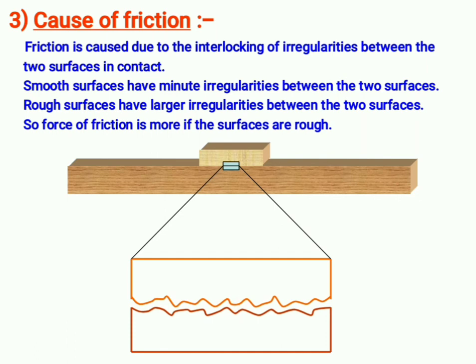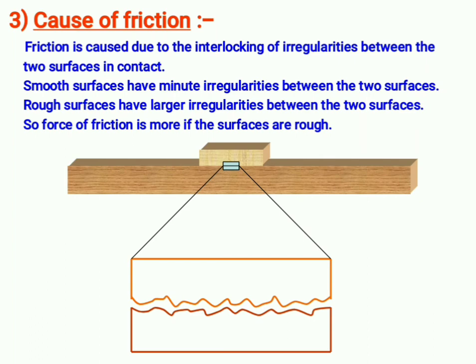But see here, if the surface is smooth, what will happen? If the surface is smooth, we can push even bigger objects. For example, if at home there are marble tiles or granite tiles, it is a smooth surface, which means almost smooth, not fully smooth.